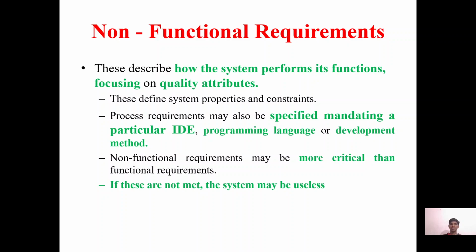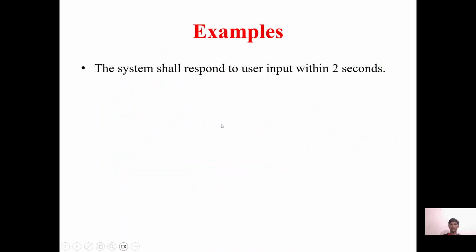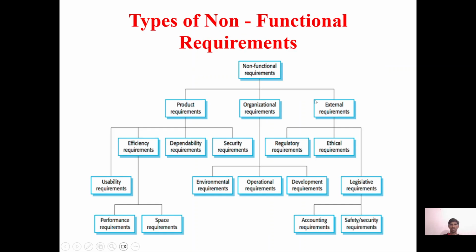It speaks about the speed of calculation of the RMS value. Likewise, performance, speed, timeliness, and accuracy all come under non-functional requirements. For example, the system responds to the user input within 2 seconds. Here the time limit is 2 seconds, so it is a non-functional requirement.